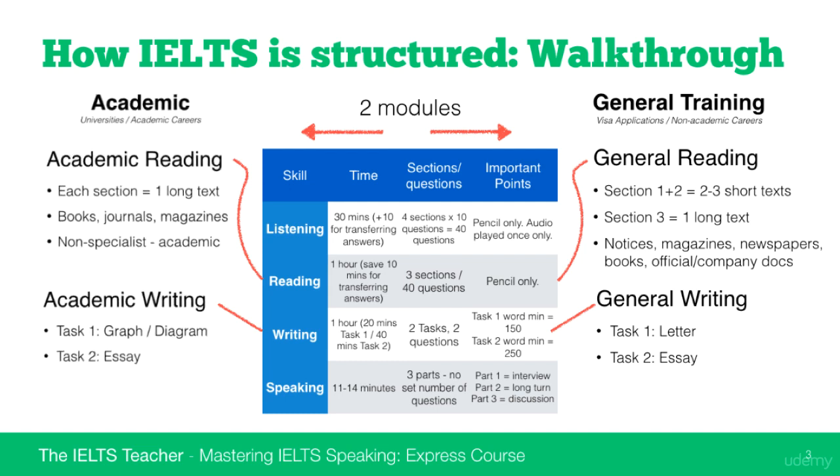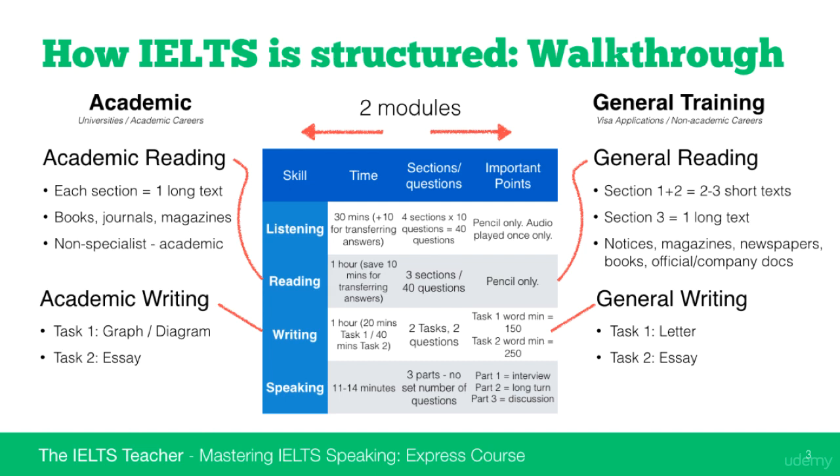Your academic module is usually for applying for universities or trying to get an academic career, whereas your general training module, that's often more for general visa applications or non-academic careers in an English-speaking country. But as I say, make sure you find out which module you need.